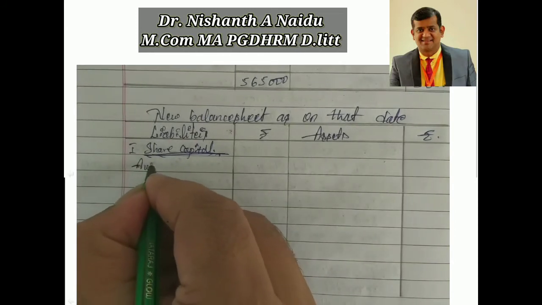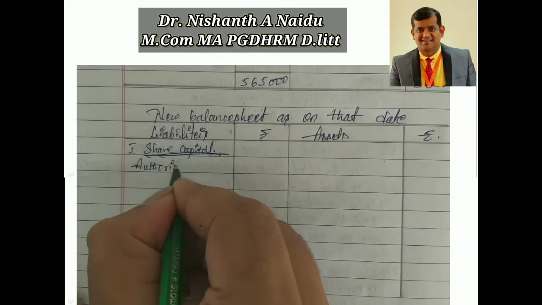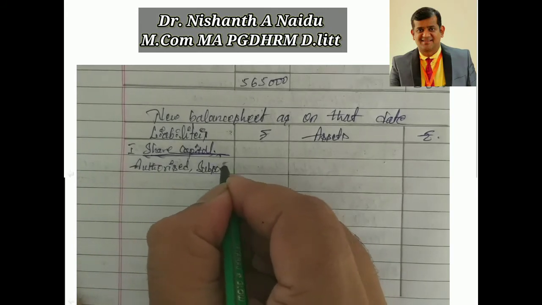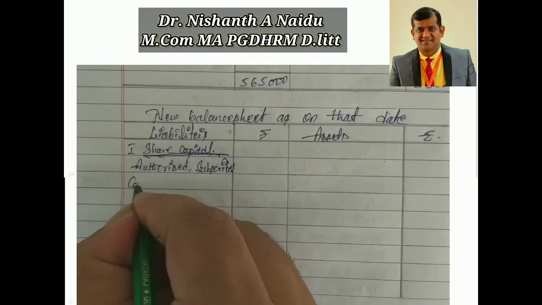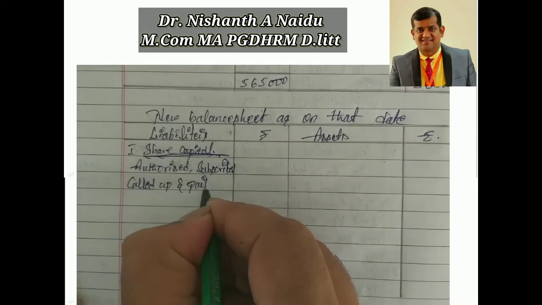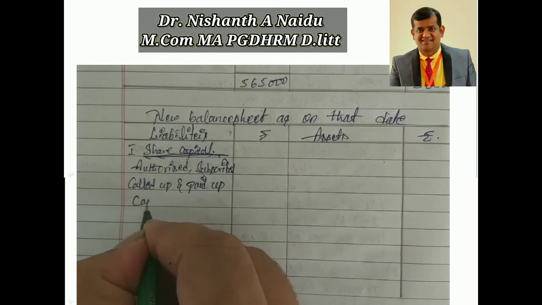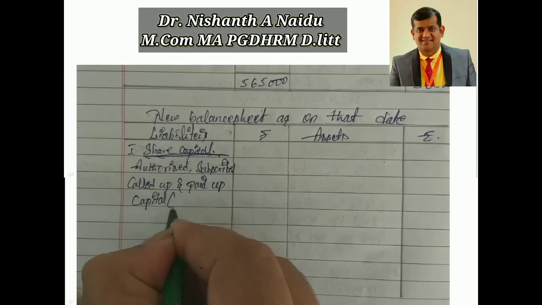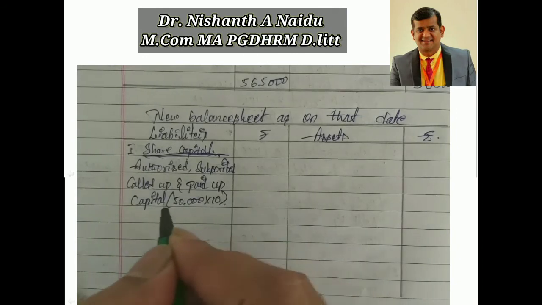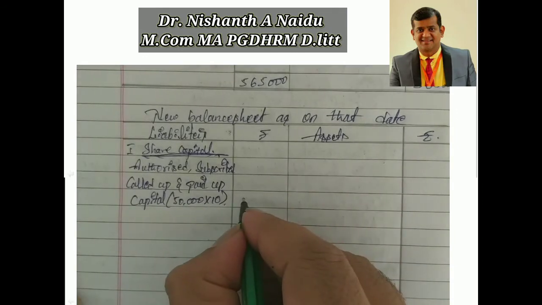So write down authorized, subscribed, called up and paid up capital, paid up capital. So that is 50,000 into face value of the share 10 rupees. So that comes to 5 lakh.